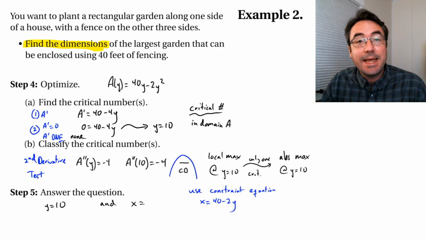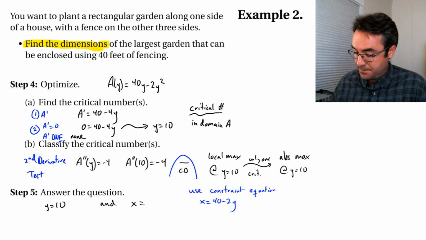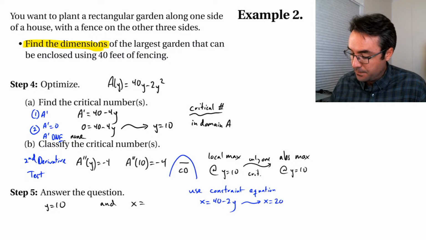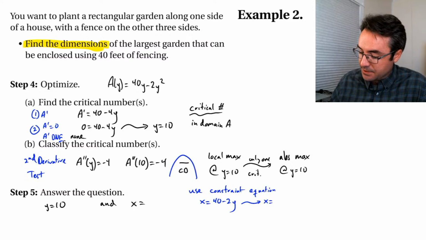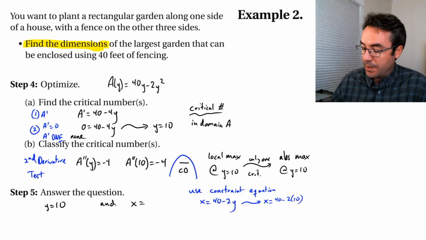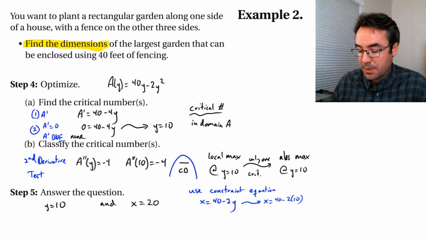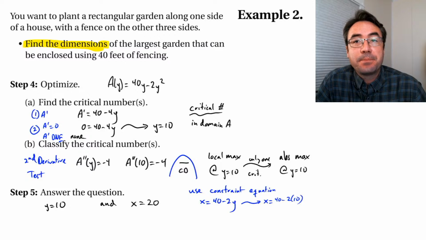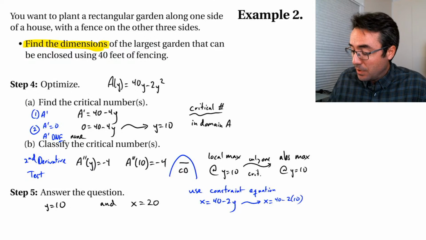So when we plug 10 into that for y, we get x is equal to 40 minus 2 times 10, which is 20. So y is equal to 10, x is equal to 20, but a little bit more.